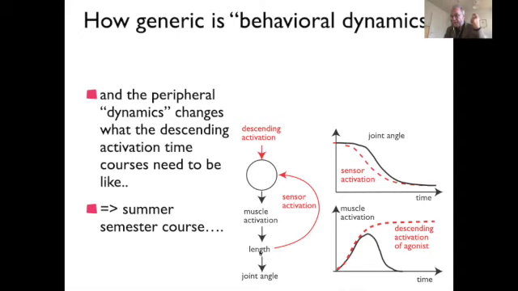And therefore the demand on the representations in these populations of neurons up there is not to compute some value, not even some time course of values, but to set these attractors. So this picture can be used very generally.